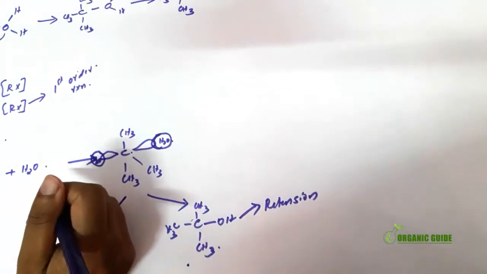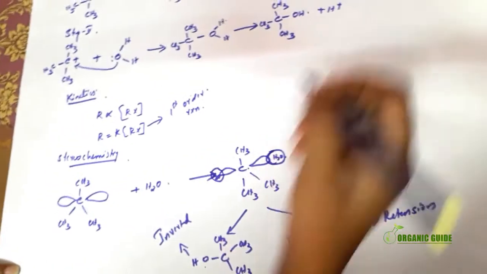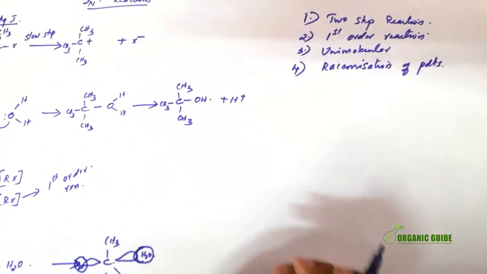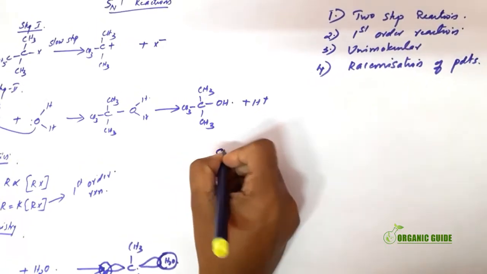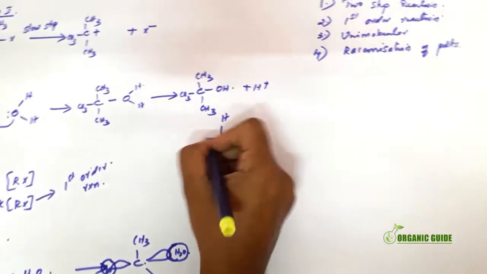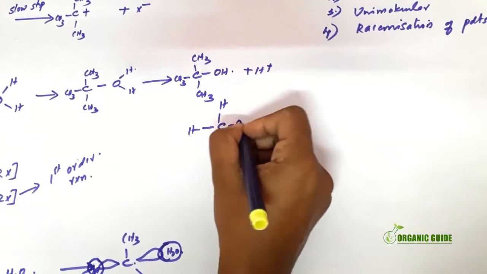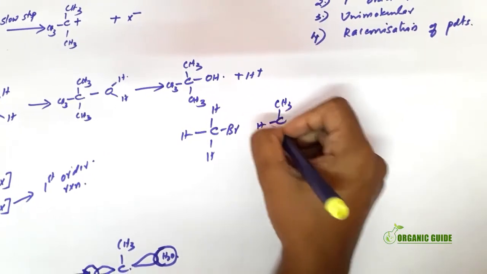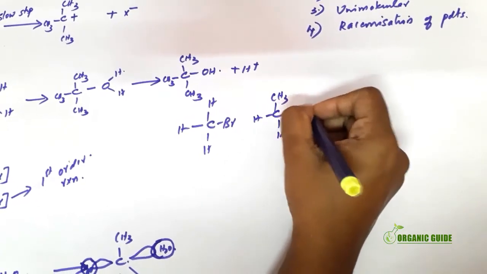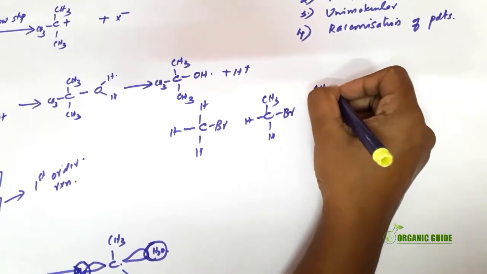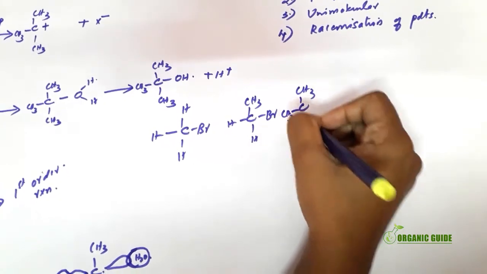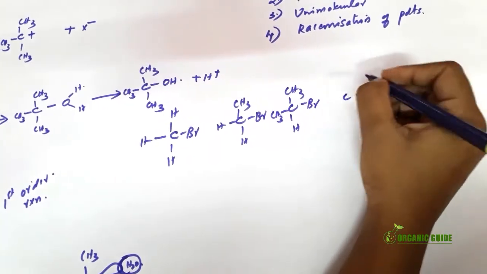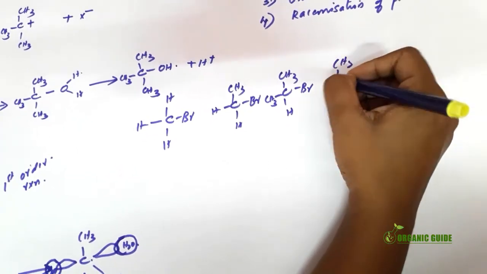And when comparing its reactivity, there will be a reverse order to that of the SN2 reaction. So this is methyl halide, then primary, then secondary, then tertiary.